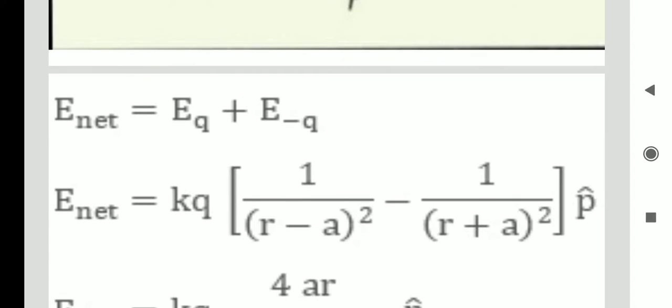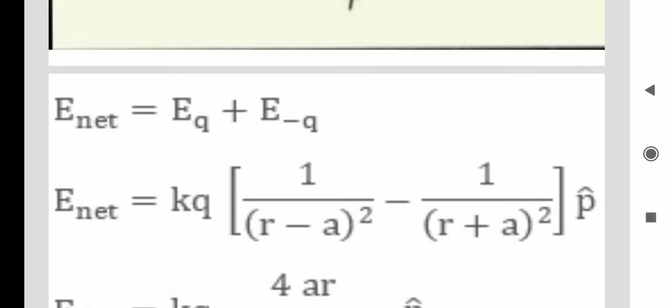So the net electric field from the superposition concept is E plus Q plus E minus Q. We have the electric field due to positive charge and the electric field due to negative charge, both found in the previous slides.